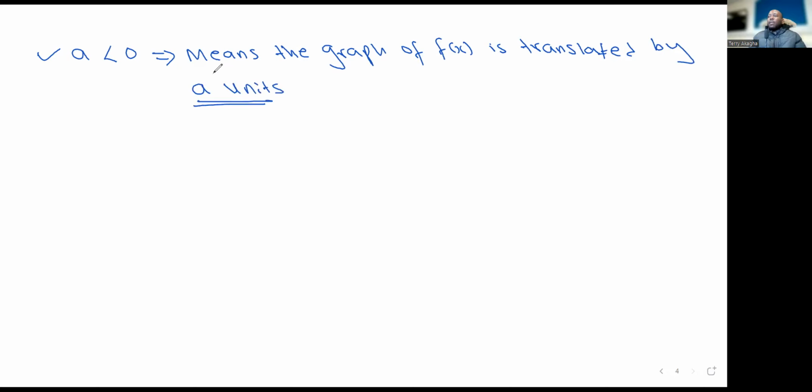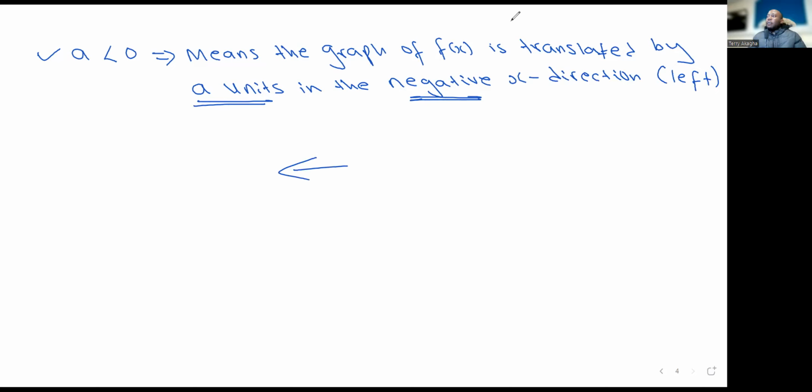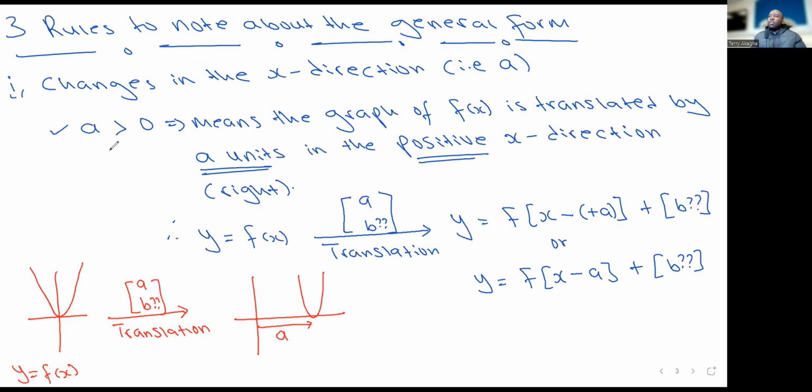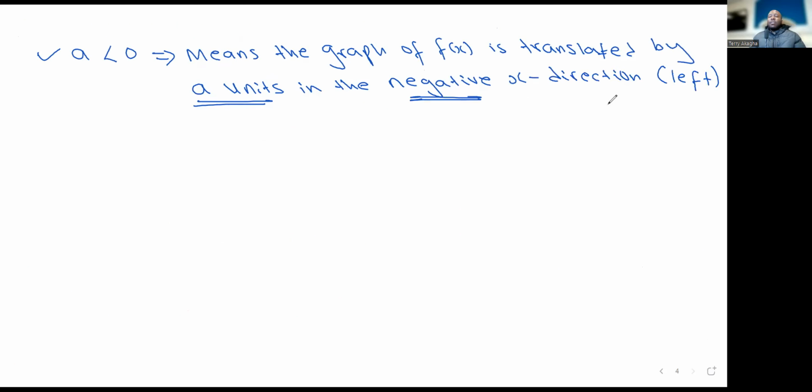Translated means moving, okay, by a unit, but in the negative x direction. Okay? So that means for the negative x direction, it's going to the left. So the negative x direction means it's going to the left, okay? All right. So if you look at the previous one we saw, it was going to the right because a was positive, okay? Now, in this case, it's going to go to the left because a is what?